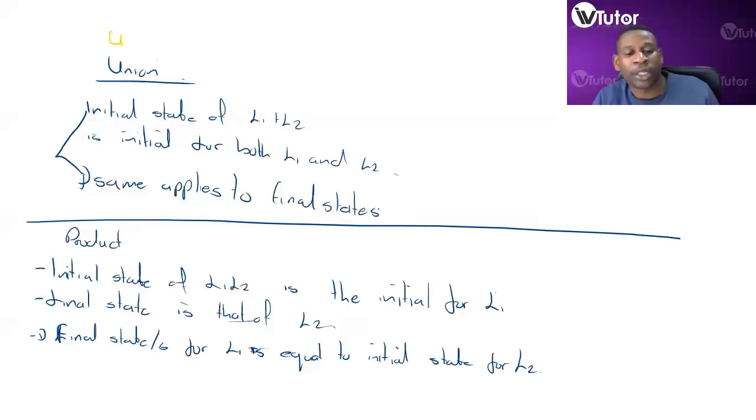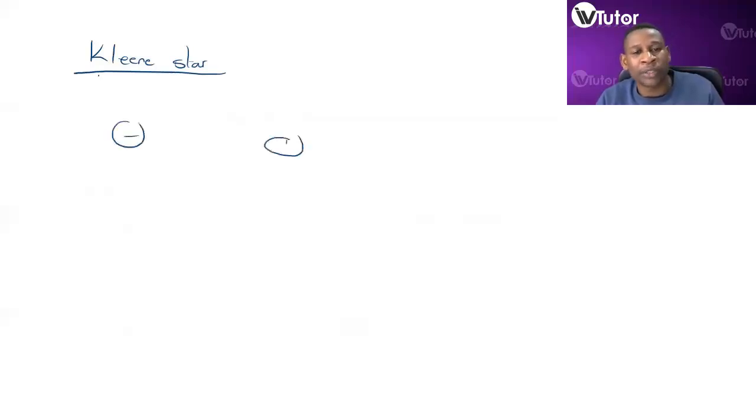Now let's move on to another one where we look at the Kleene star. Say we've got a finite automaton with an initial state and a final state. To develop the finite automaton for the Kleene star of this language, it's equivalent to taking null back to that.